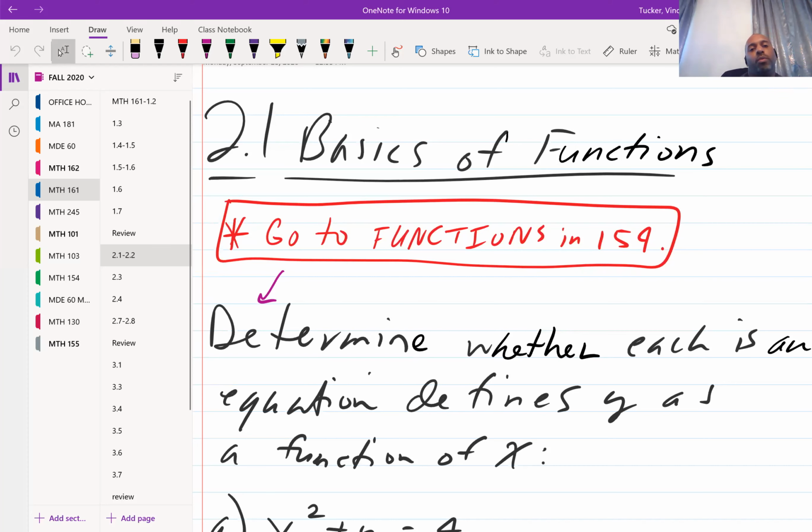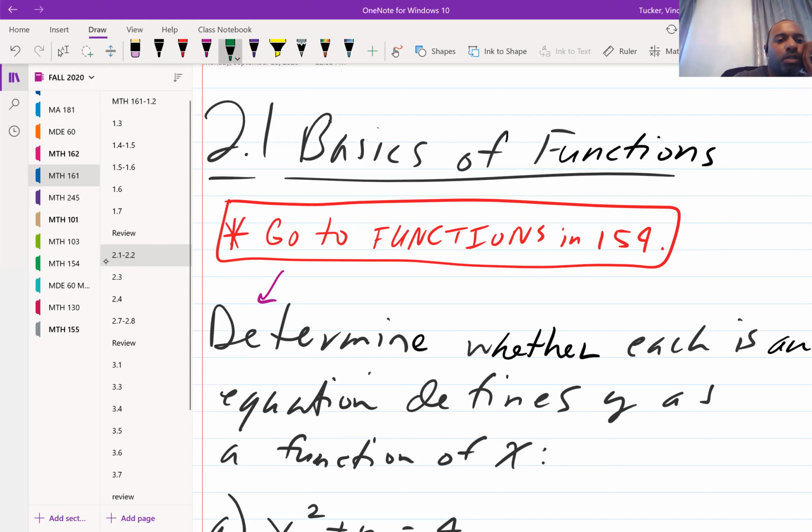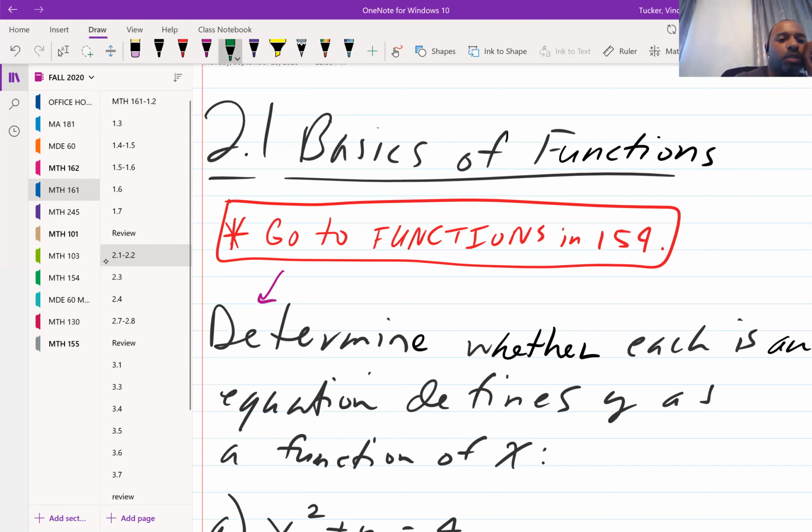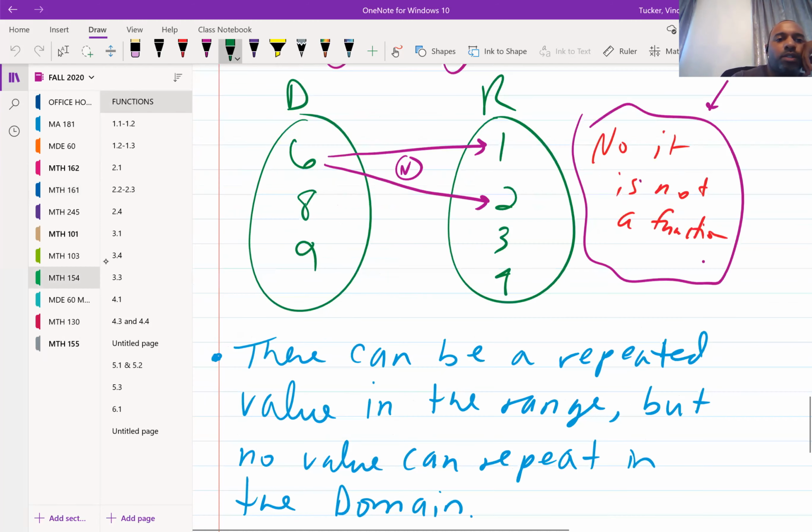All right, so 2.1 is basics of functions. You see what I have in red, I have to switch pages, but I'll give you a chance to write down the title. All right, basics of functions. All right, so let's look at functions.